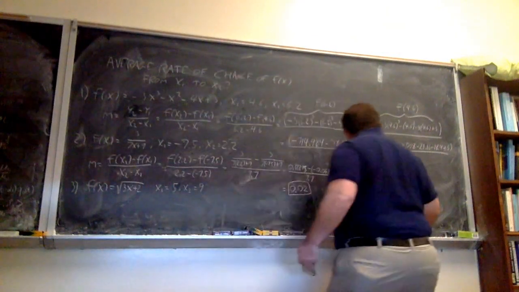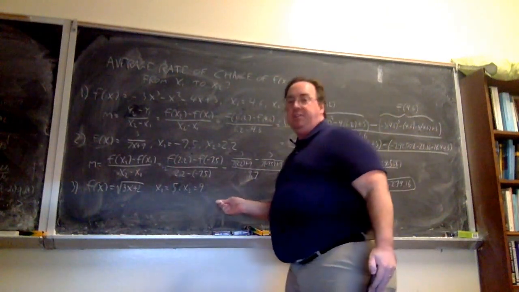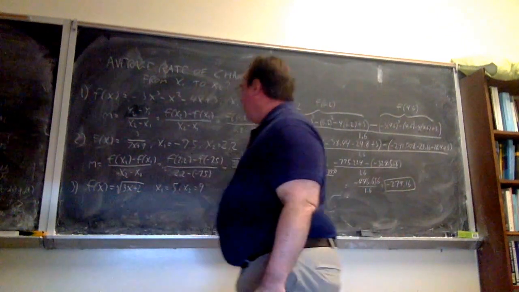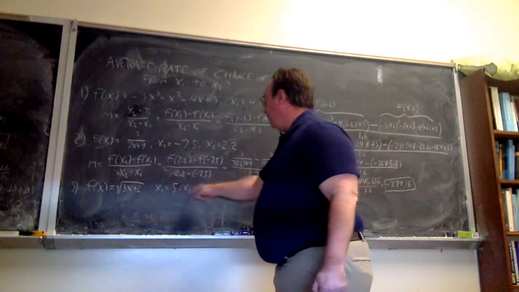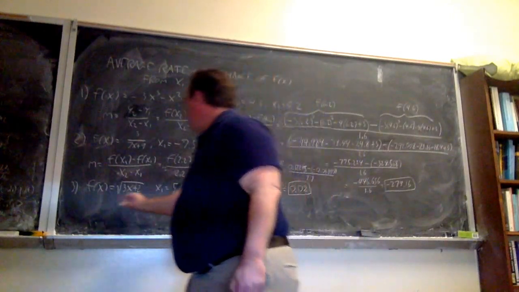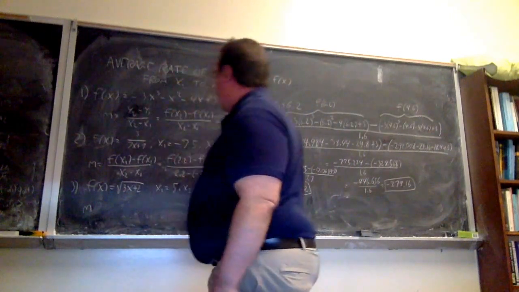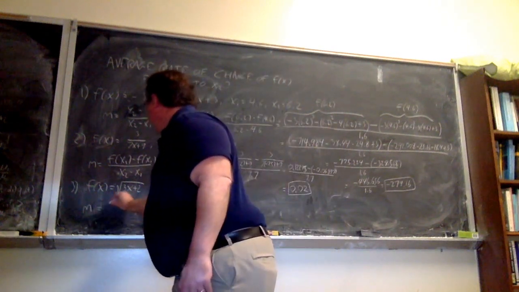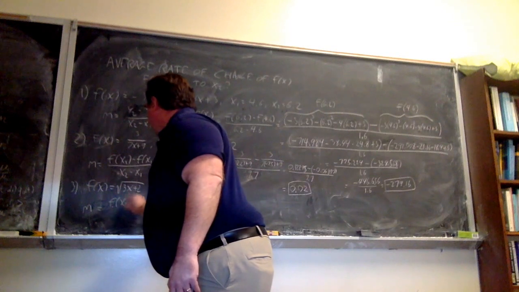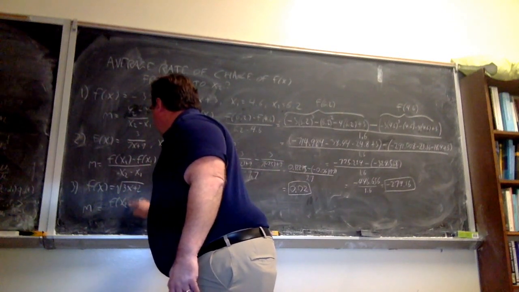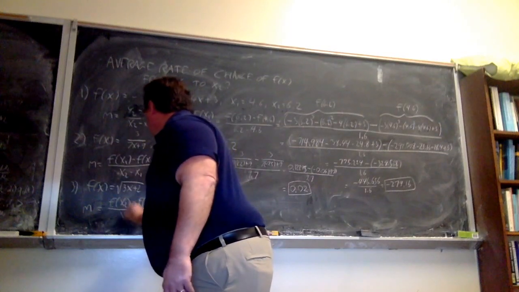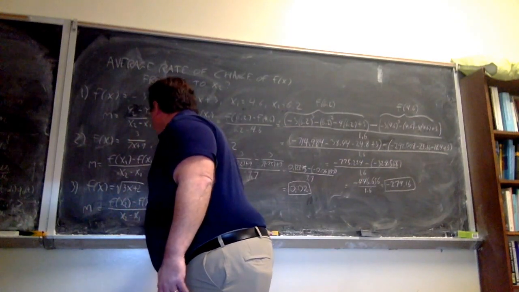Okay, for this last problem involving average rate of change for an explicitly defined function, we have f of x equals the square root of 3x plus 2, and x1 is 5 and x2 equals 9. So our slope m, which is the average rate of change from x1 to x2, is as before, f of x2 minus f of x1 over x2 minus x1.